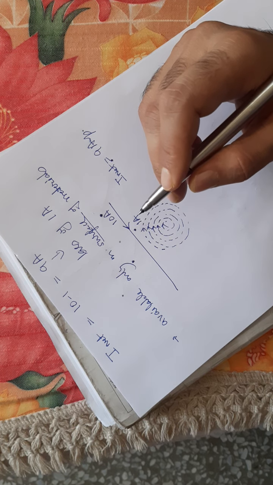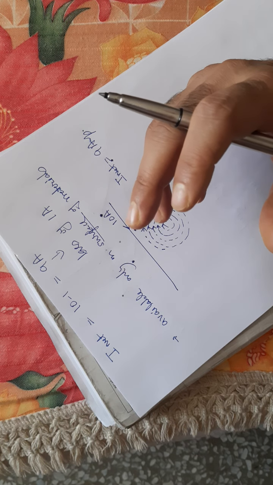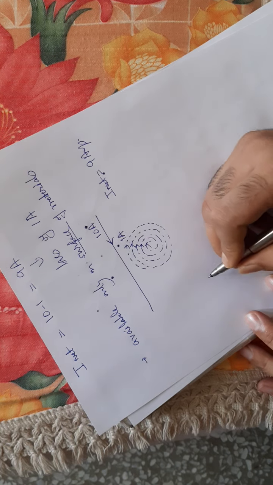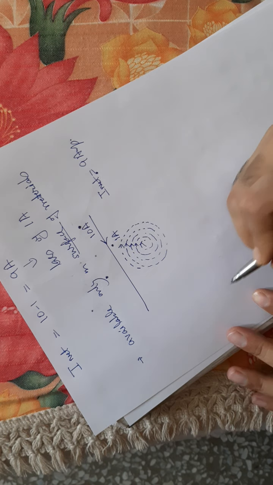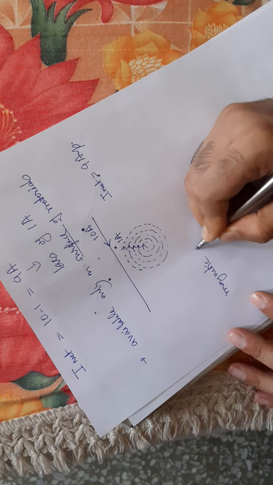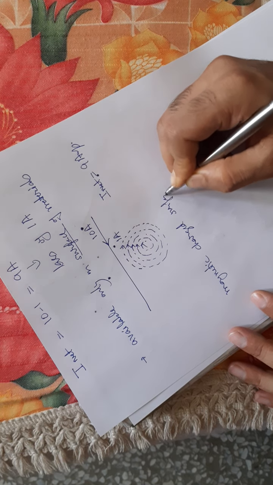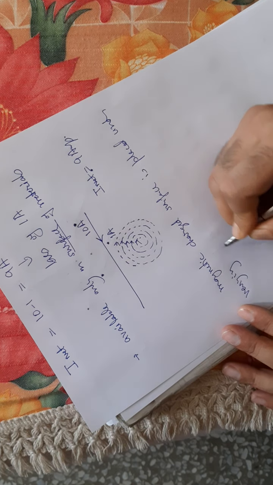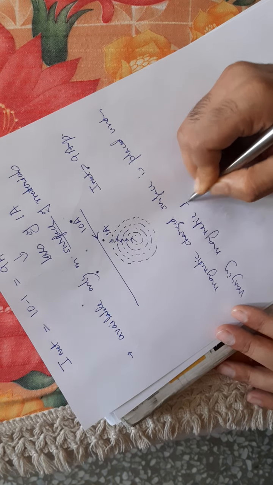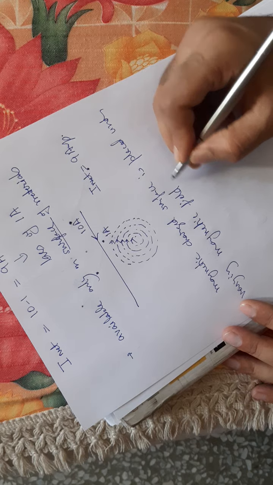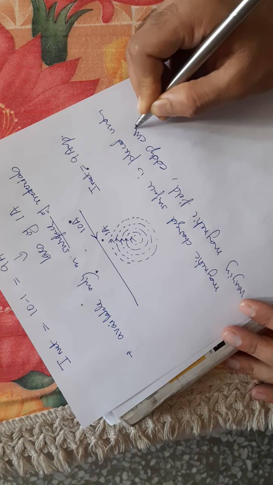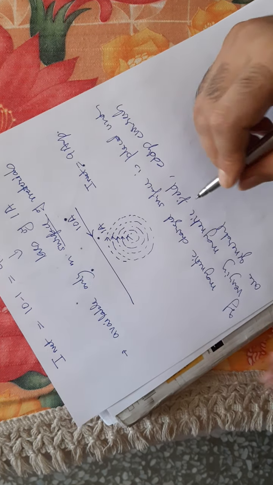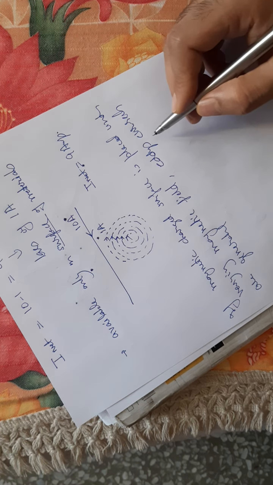If a magnetic charged surface is placed under a varying magnetic field, eddy currents are generated.